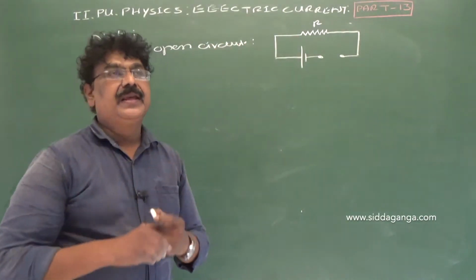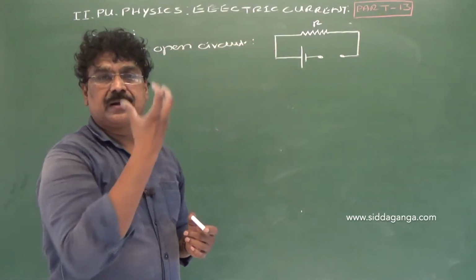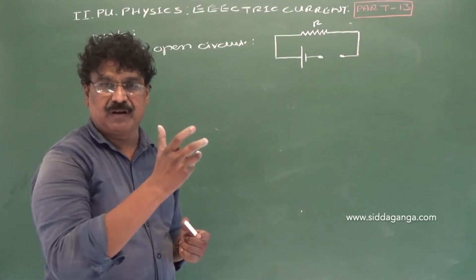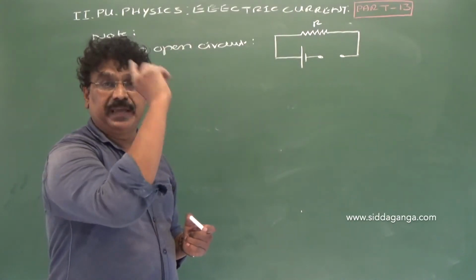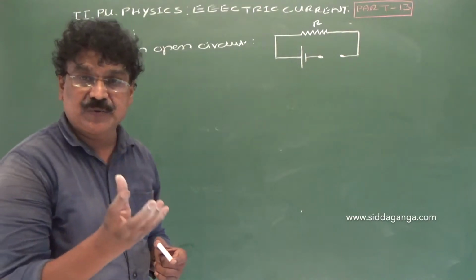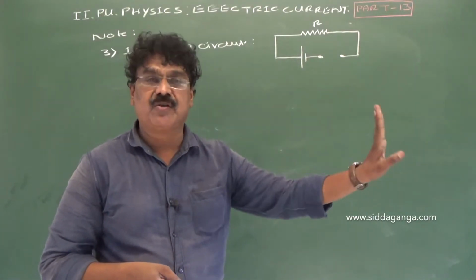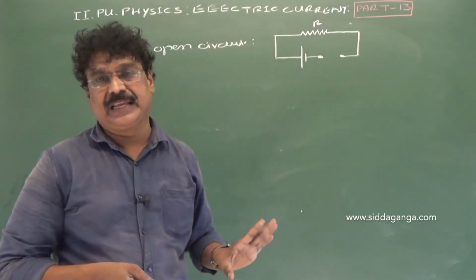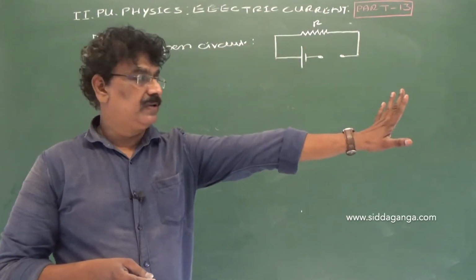So generally, when we want the fan to rotate, current has to flow through it, and we put the switch on. That is a closed circuit. Whenever we don't want the fan working, we simply switch it off.